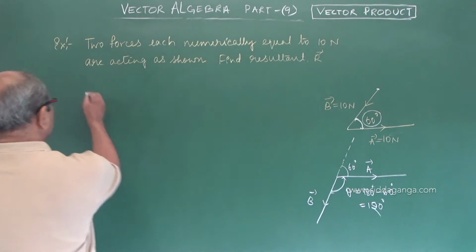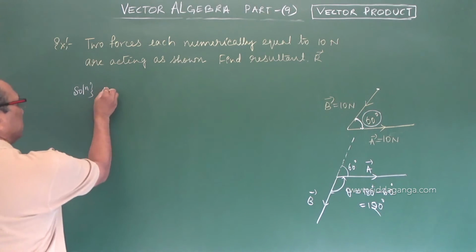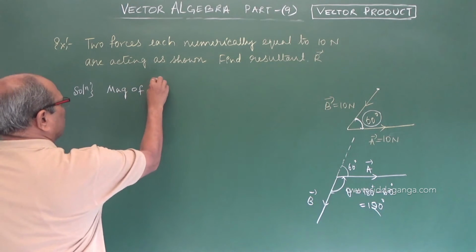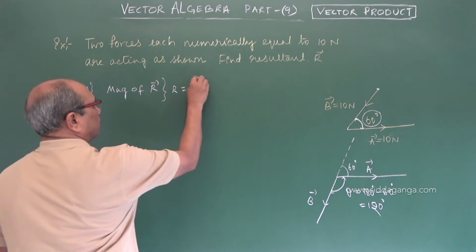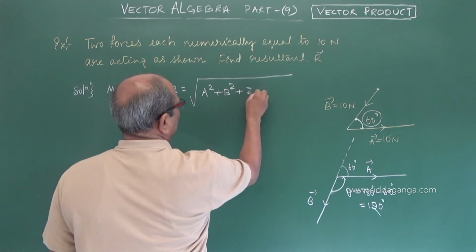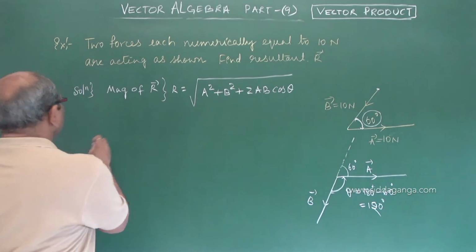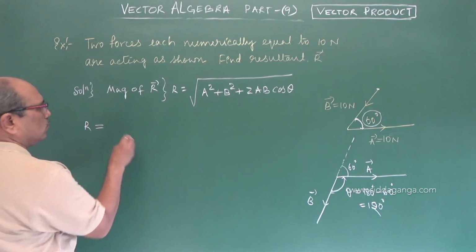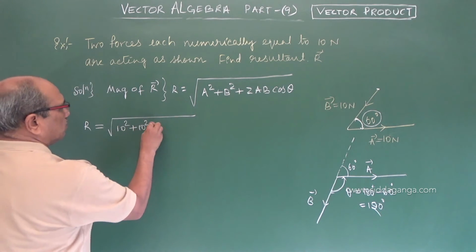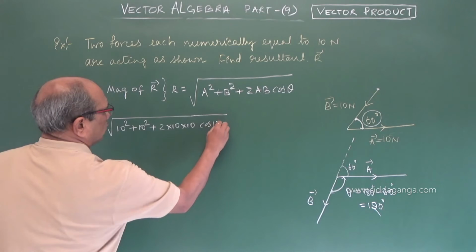Now we can find the resultant. If you go with the traditional method, the magnitude of the resultant, you can use the relation root of A square plus B square plus 2AB cos theta. So that gives you R equal to root of 10 square plus 10 square plus 2 into 10 into 10 into cos 120.